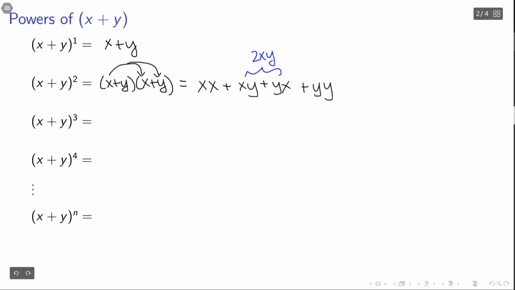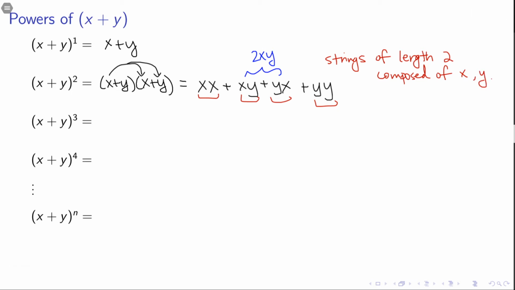But now notice what we were doing here. Observe that really we were forming these strings of length 2 that are composed of either x or y.